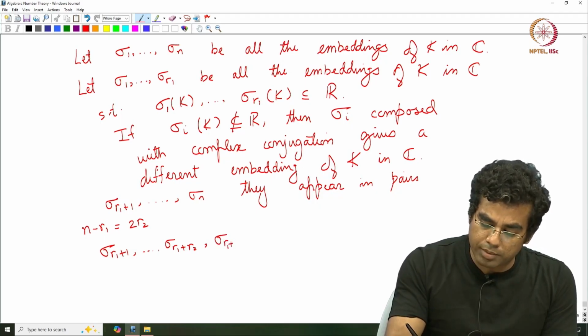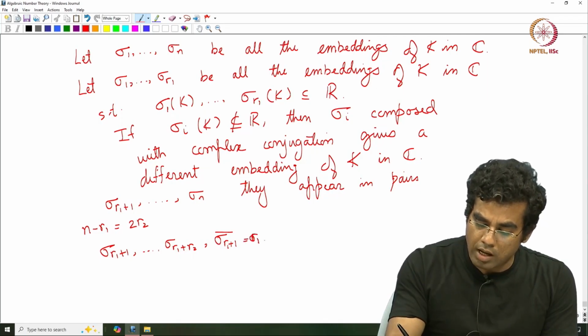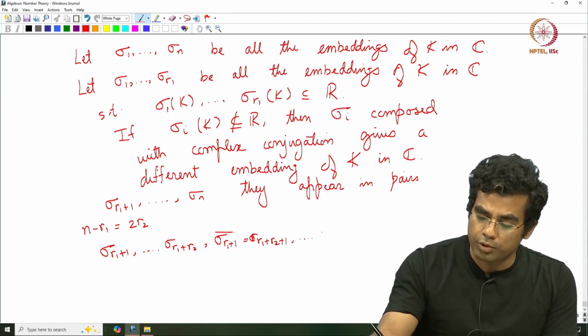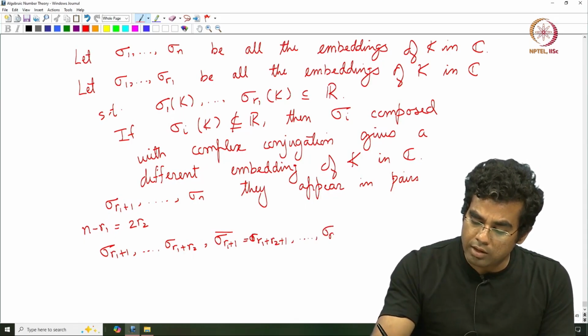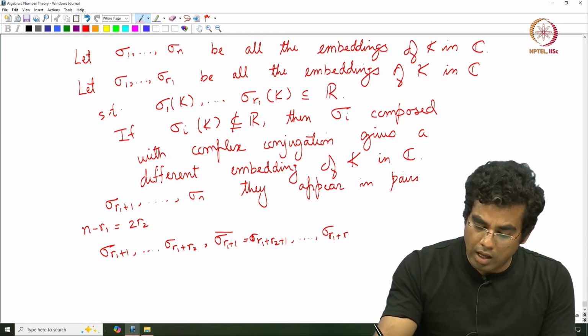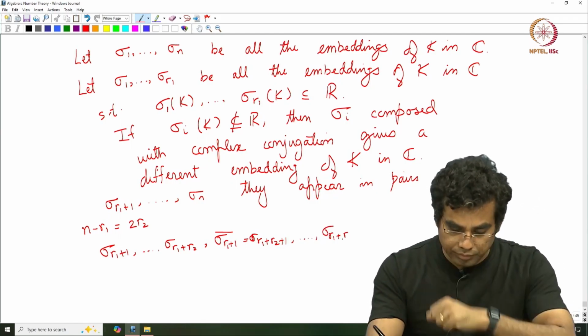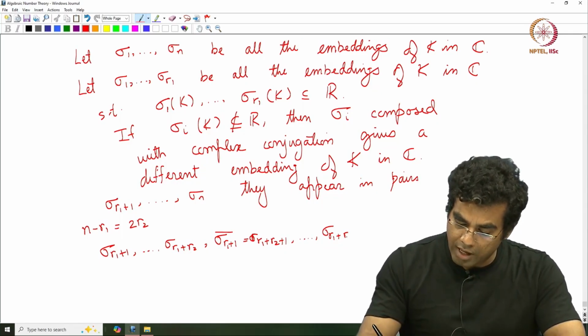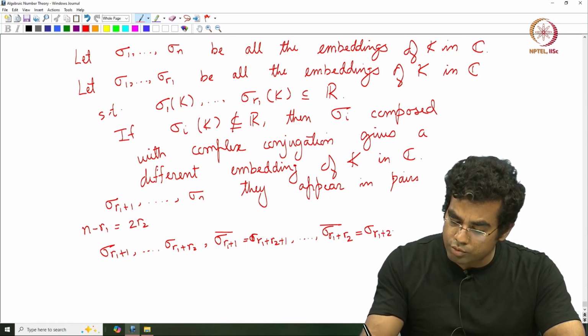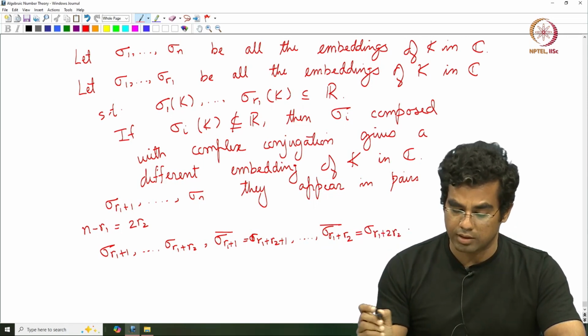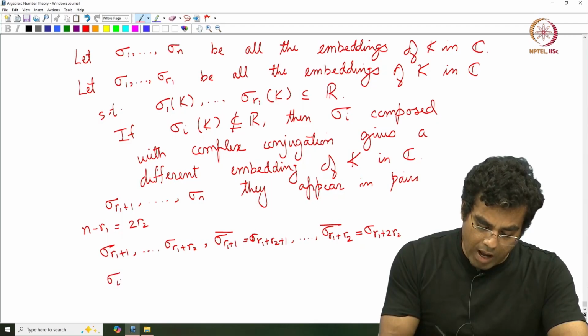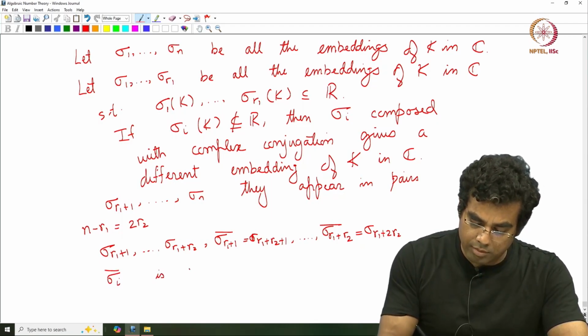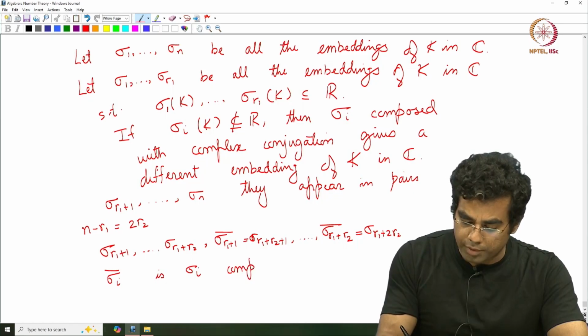So, sigma R1 plus 1 bar, which is sigma R1 plus R2 plus 1, and so on up to sigma R1 plus R2 bar, which is sigma R1 plus 2 times R2, which is sigma n, right. So, sigma I bar is sigma I composed with complex conjugation.